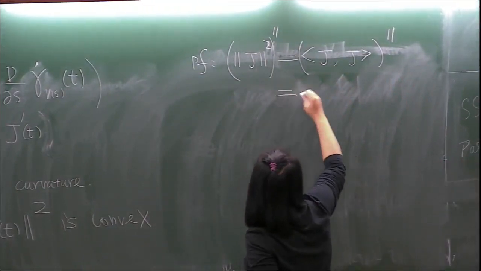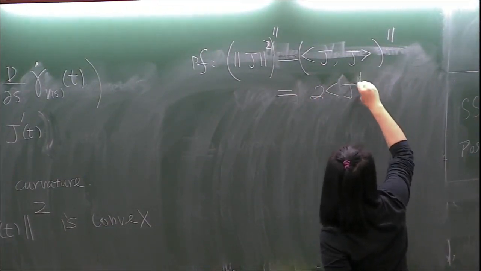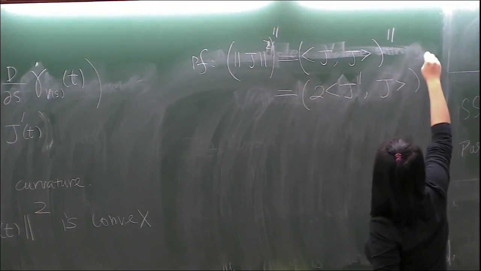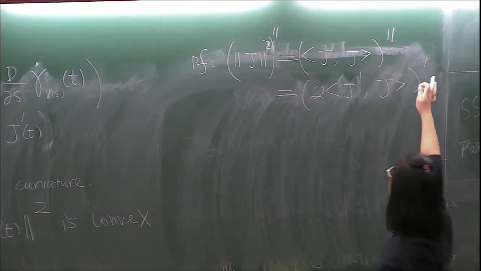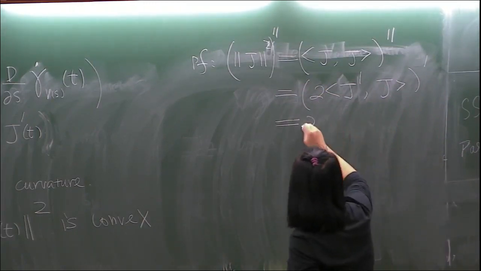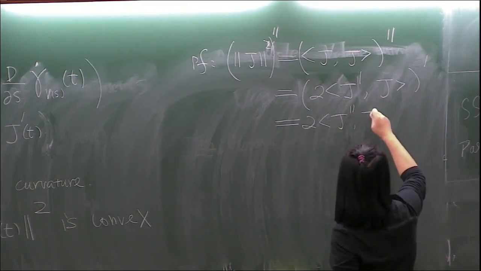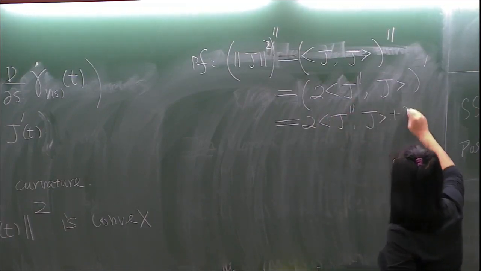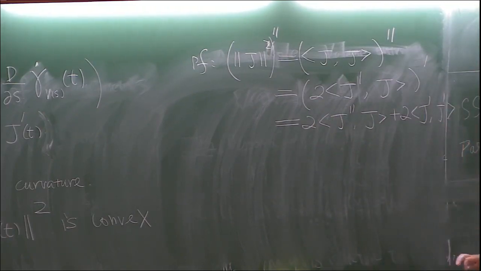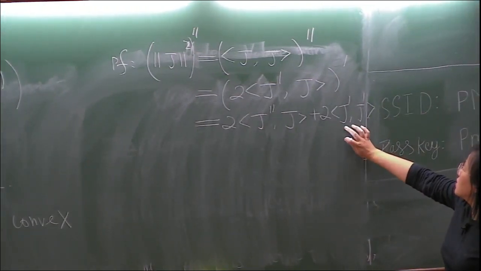So this equals 2 times the inner product of J prime and J. We take the first derivative, and then take another derivative. So this is 2 times the inner product of J double prime and J, plus 2 times the inner product of J prime with J prime. Right? And of course, this last term is positive.